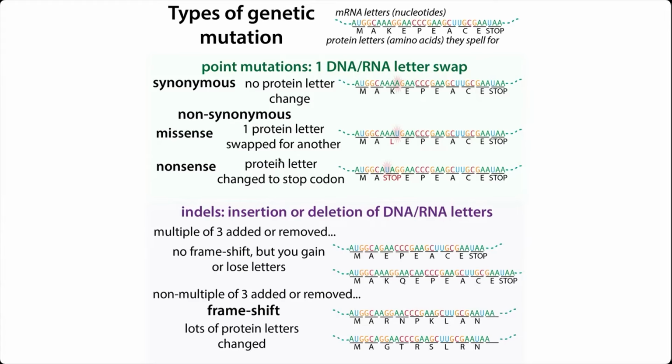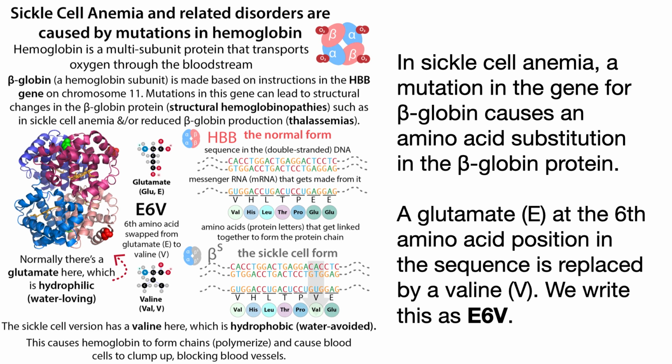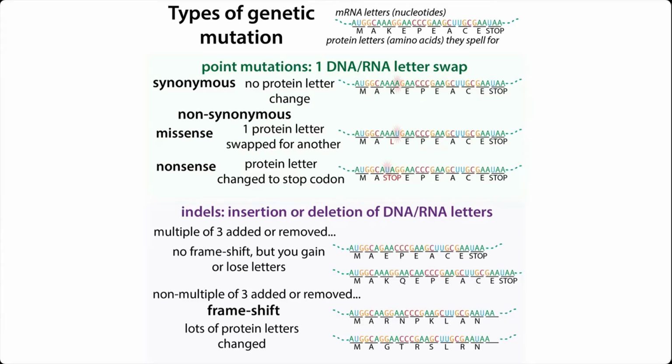And so instead of E6V, which was saying that you were changing a glutamate to a valine at the 6th position, you would have something like E6X, which was indicating that you had a stop codon in place of that glutamate at that 6th position. You can also have indels, insertions, and deletions.